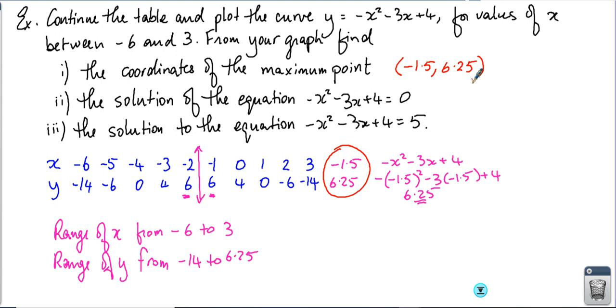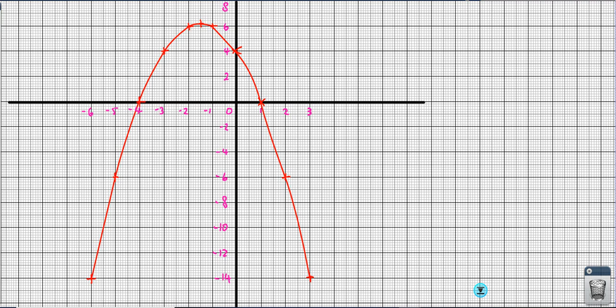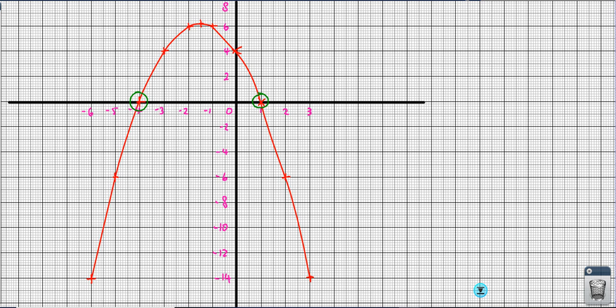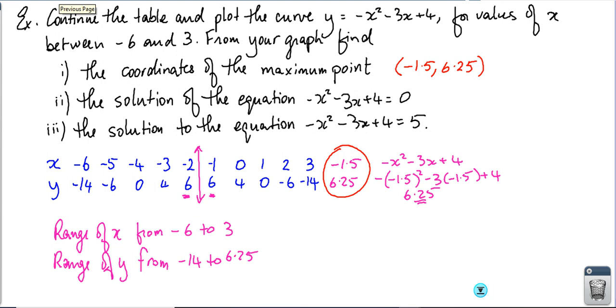The solution of the equation: I said that the solution of the equation lies where the graph meets the x-axis. It meets the x-axis at minus 4 and at 1. So we've got x equals minus 4 and x equals 1.